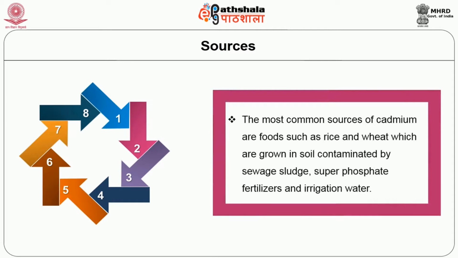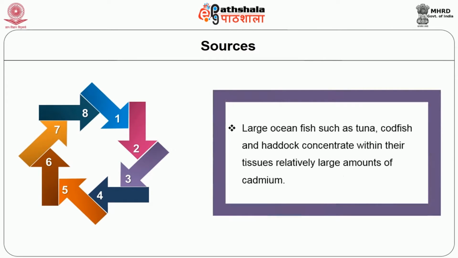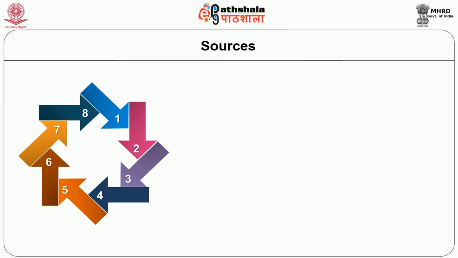The most common sources of cadmium are foods such as rice and wheat, which are grown in soil contaminated by sewage, sludge, superphosphate fertilizers, and irrigation water. Large ocean fish such as tuna, codfish, and haddock concentrate relatively large amounts of cadmium within their tissues.